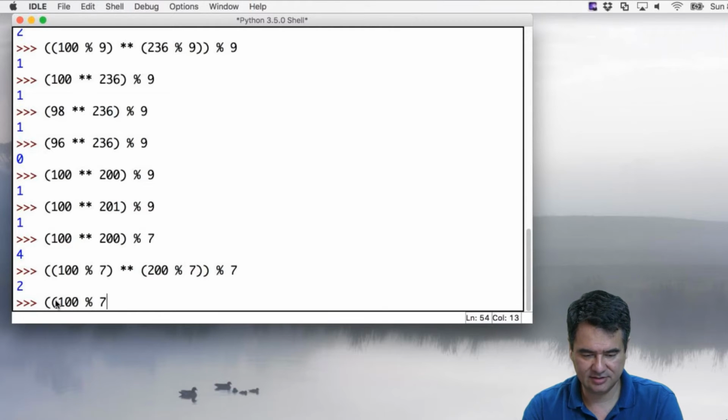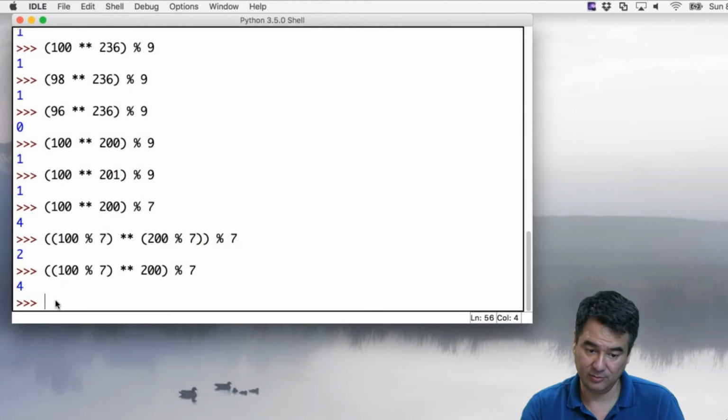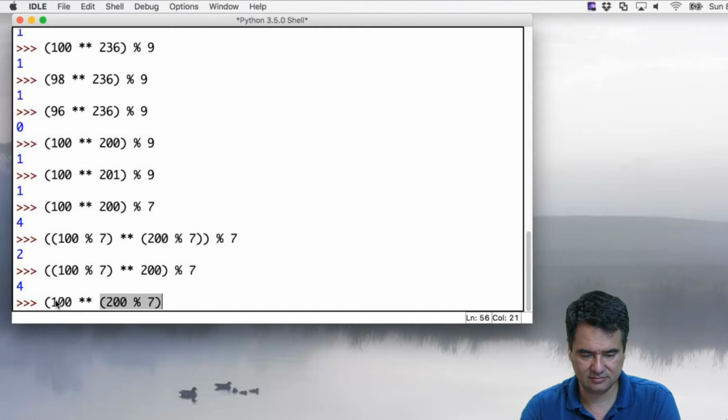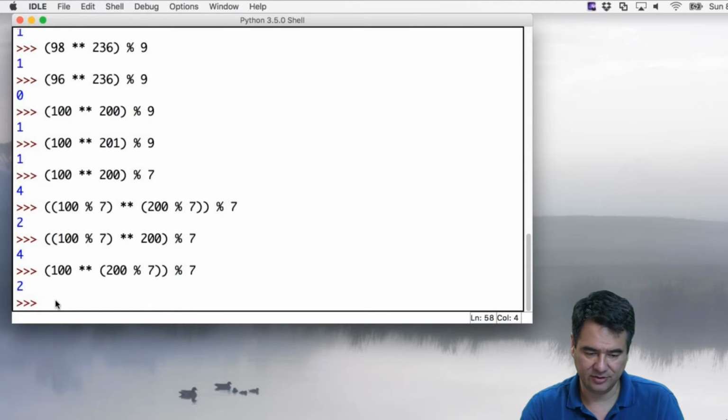Let's try that out. (100 mod 7), raise that to the 200th power, and then mod 7, and we get 4, which is the answer we're looking for. Let's try it the other way. 100 to the 200 mod 7, and then all that mod 7. And that doesn't work either.